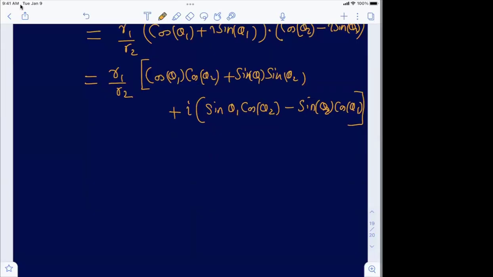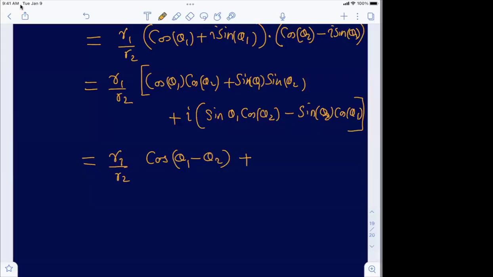All right, since we already recall the formula for the summation, cosine of theta 1 plus theta 2, you can just adjust it a little by putting a negative theta 2 in that picture, and that will give us this simple observation: r1 over r2, the modulus stays the same, and then cosine of theta 1 minus theta 2 right here.